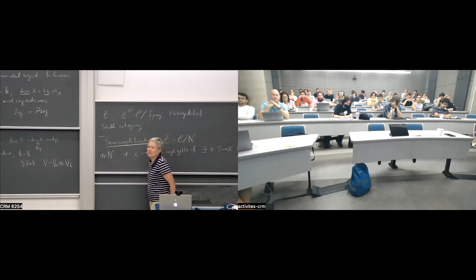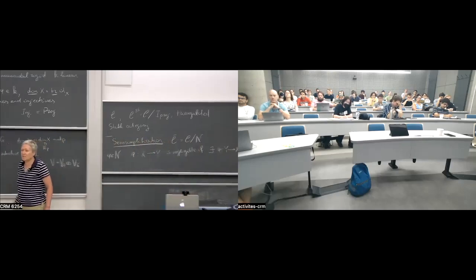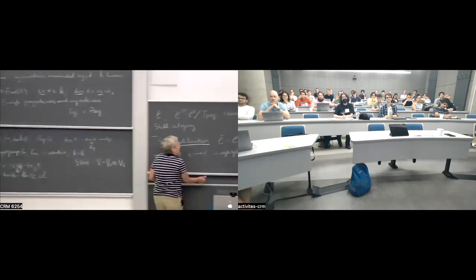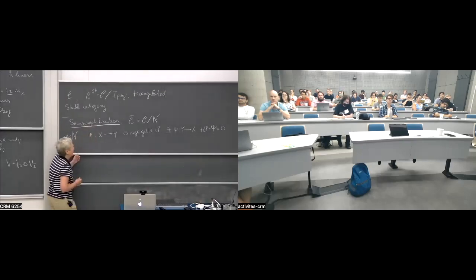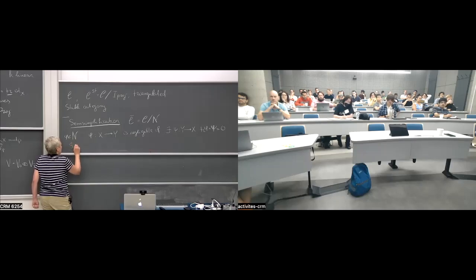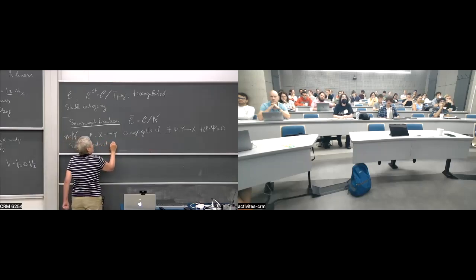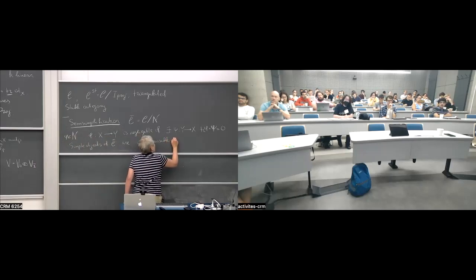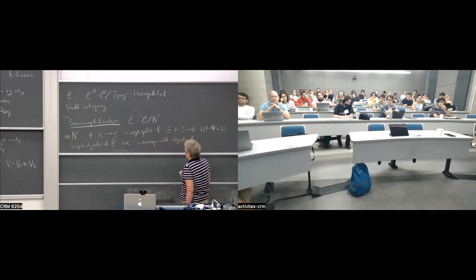So the category is a semi-simple tensor category. Maybe I should say one more thing: the simple objects are the isomorphism classes of indecomposable objects of C of non-zero dimension.